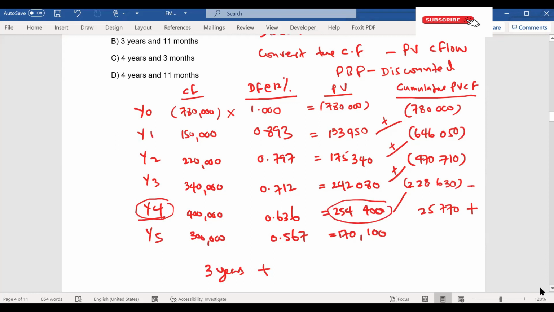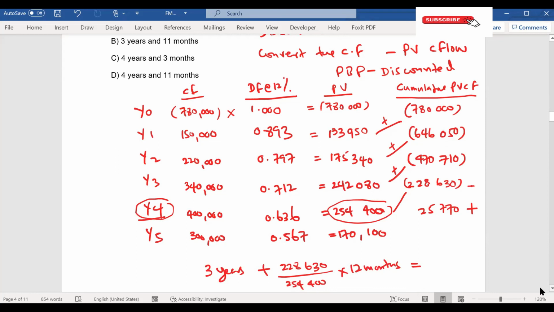So we take the ratio 228,630 divided by 254,400, that will be 0.898, times 12 months.